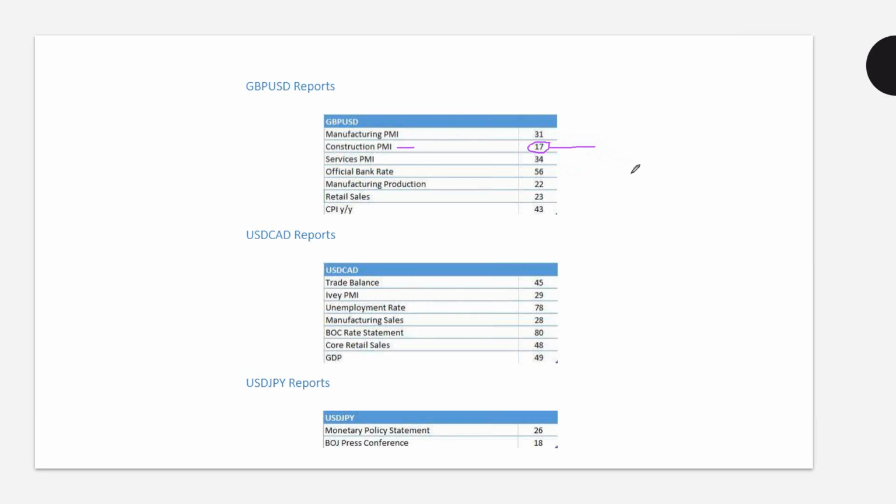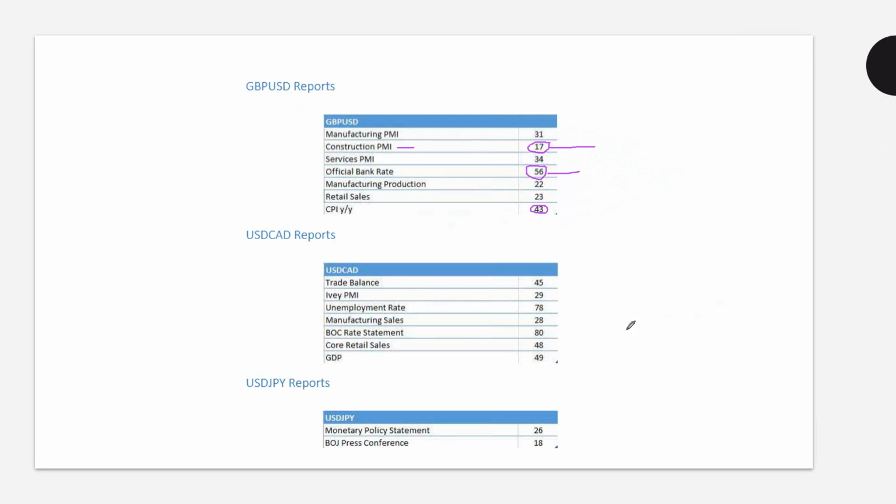Because it's really not a significant move on the British pound. The services PMI, 34 pips. The official bank rate, 56 pips. Manufacturing production, 22. Retail sales, 43. CPI year over year is 43 pips. Again, I like to target the ones that move the most, which would be the bank rate and the CPI.